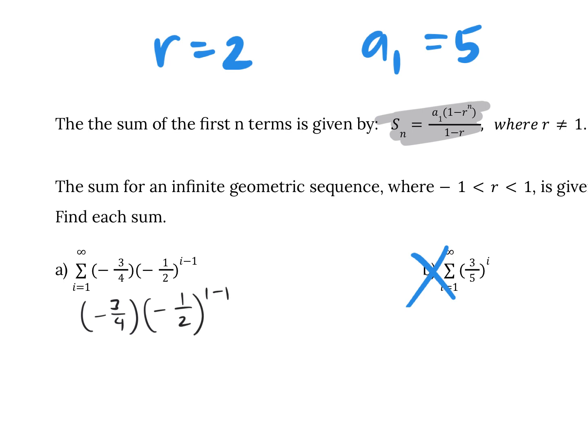I just plugged in 1 for i, which is going to give me 0 here, and anything to the 0 power gives me 1, right? So this goes away, and my first term is negative 3/4. So that is a sub 1. Your ratio or your rate is always the thing that is right next to the exponents. So negative 1/2, that is my rate.